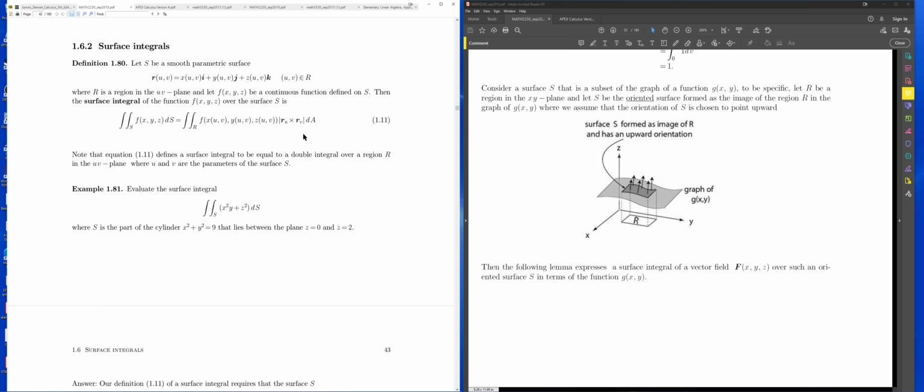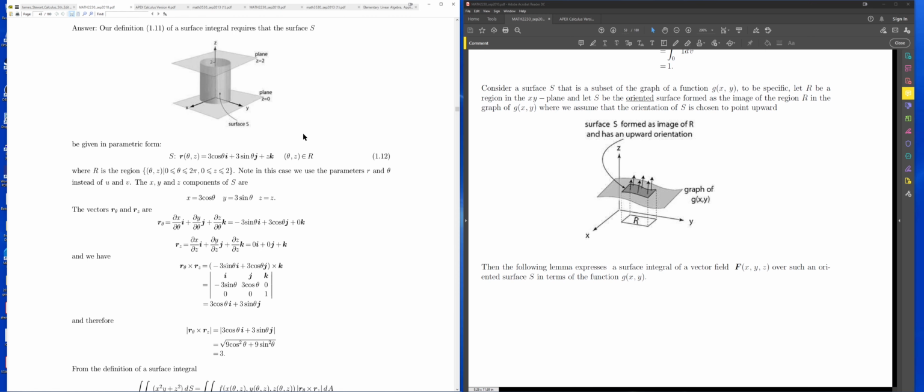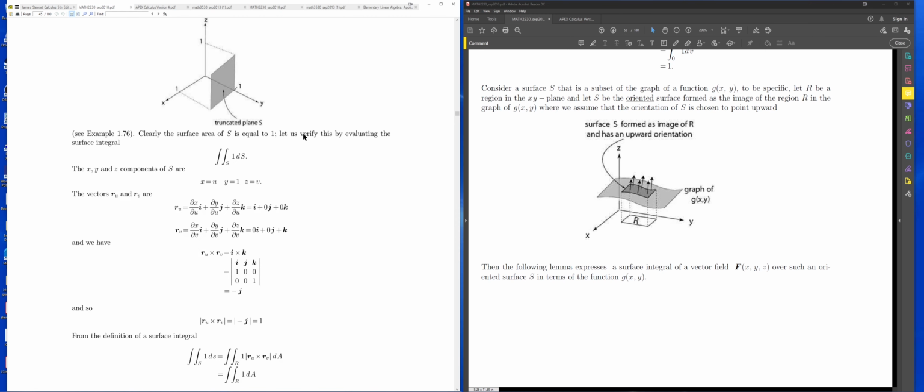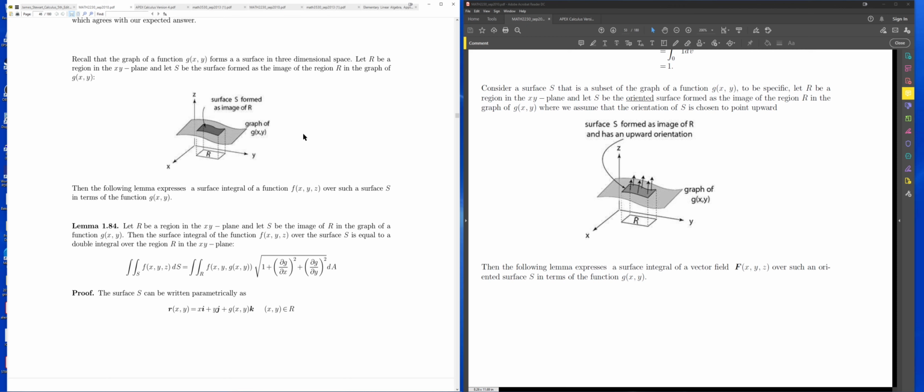And if your surface S is the graph of a function z equal to g of x, y, and you project the S to get a region R down here in the xy plane, then you can use this formula involving the g of x, y to work it out.